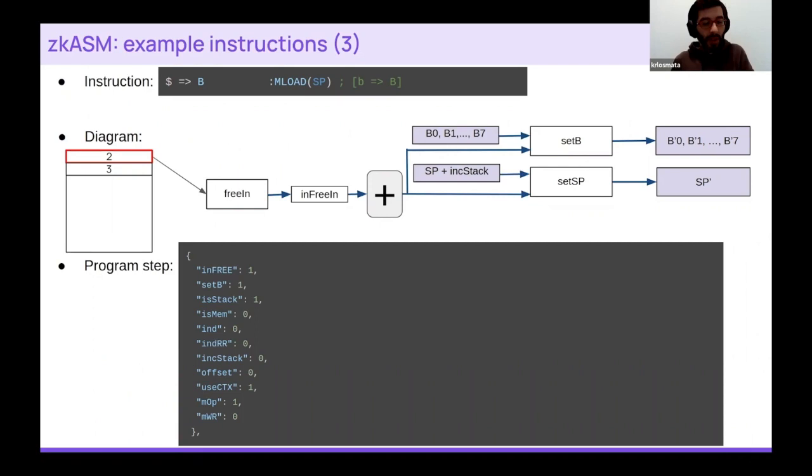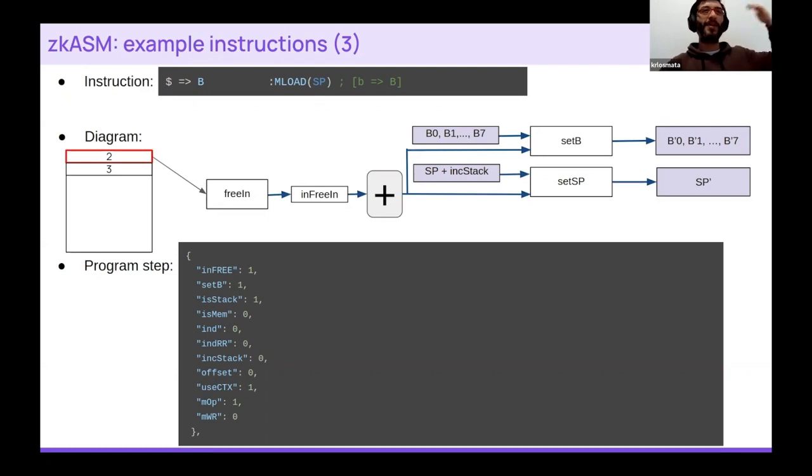This is assured, because the memory state machine forces us to load this 2 into the free. And in that case, the intermediate value, we are going to load it into register B. So the flag set B is set to 1, okay, and then we add it into this register.